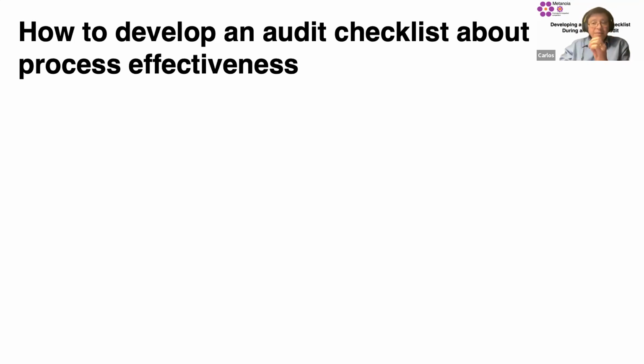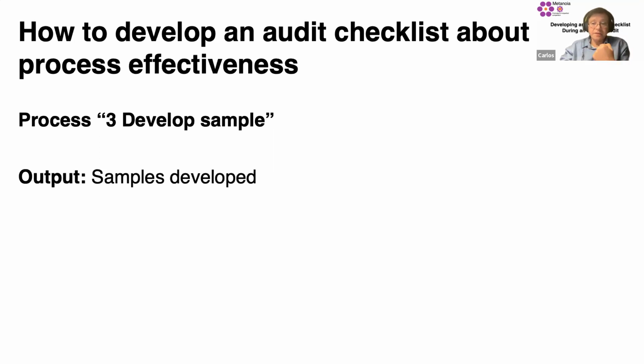Consider a process to audit. Process 3, develop samples. What is the output of such a process? Samples developed. Okay, but is that really all you want from launching samples? Think about what could be the desired outcome obtained with the process.